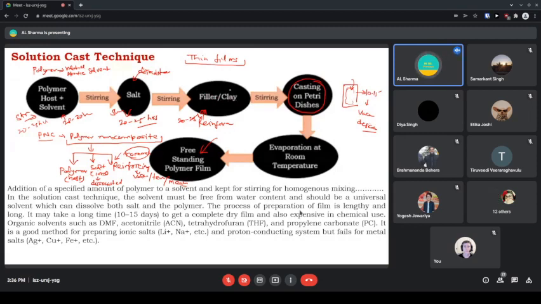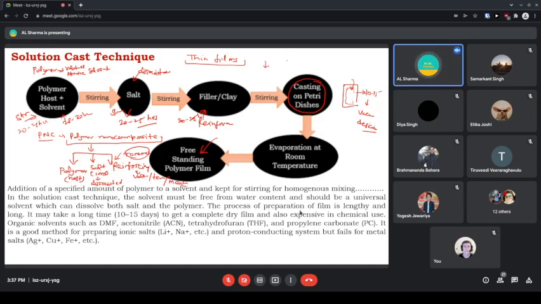Then again you ensure the same things. Once you have the complete solution, because of the polymers it comes a little bit to a jelly nature, but you can maintain the viscosity based on the solvent concentration. If the solvent concentration is high, you can reduce the viscosity.